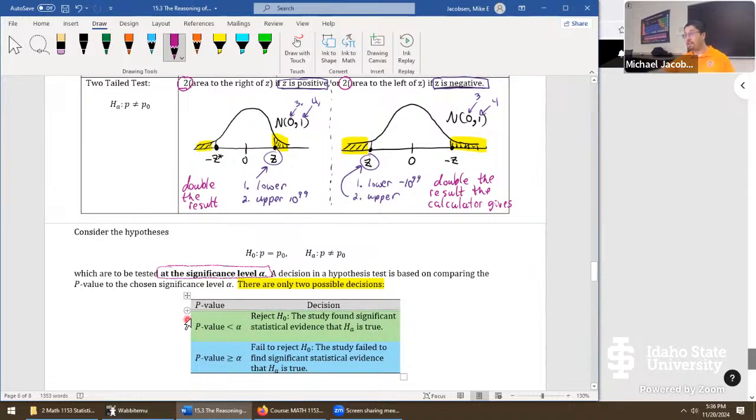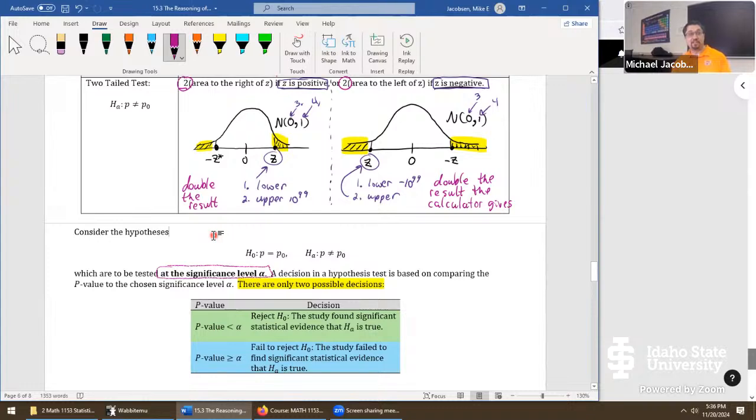This is the one where we found evidence the alternative hypothesis is true. This is what the researchers want whenever they do this kind of study. And this is not the best case in the world, but it's still important to know when we just didn't have enough evidence to support the alternative. That's when your p-value is equal to or larger, more likely than the significance level alpha.